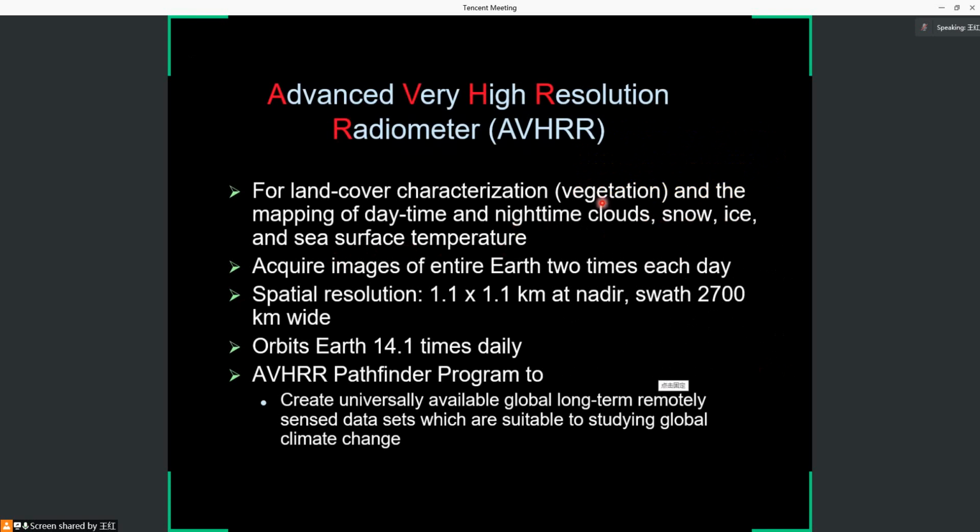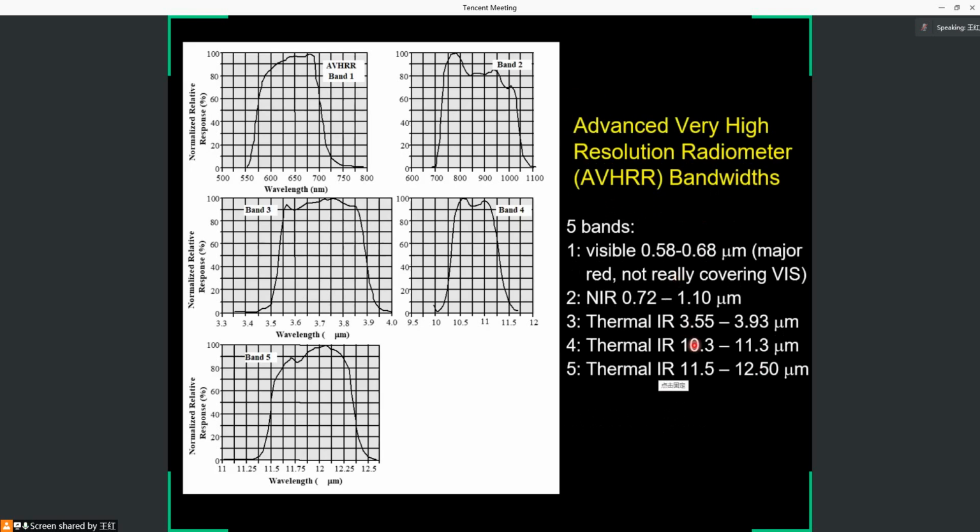Also vegetation, because the visible and near infrared bands can be used for vegetation. But the thermal bands are more useful for temperature.